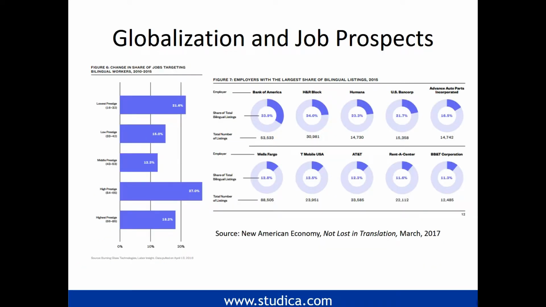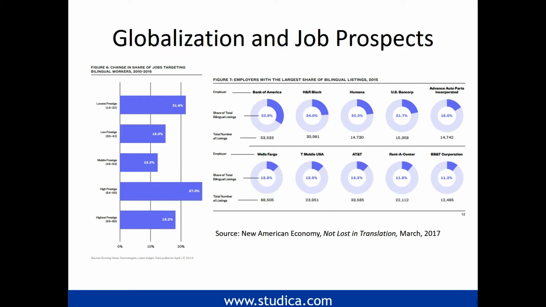And some of these charts will shed some light on this. The figure on the left, what we see from the same source, is that we're still looking at the period of 2010 to 2015, but we're looking at the percentage change in share of jobs targeting bilingual workers. And we're looking at the prestige levels of the job itself. And prestige is basically a measurement of how people perceive the prestigiousness of a certain occupation.